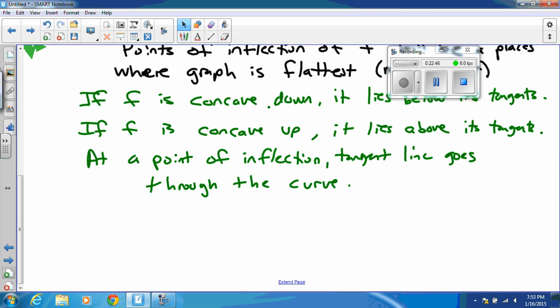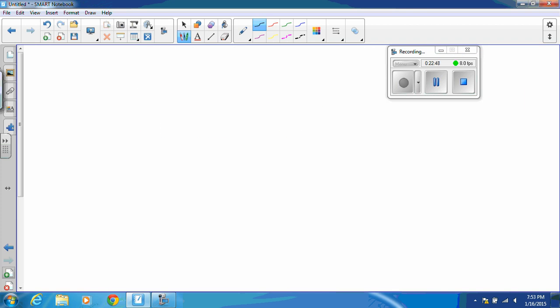This is a lot of information. So I want to take a moment to just summarize everything that we've said so far, and then apply that to a graph of f prime. Our story so far. If f double prime is positive, then what do we know?